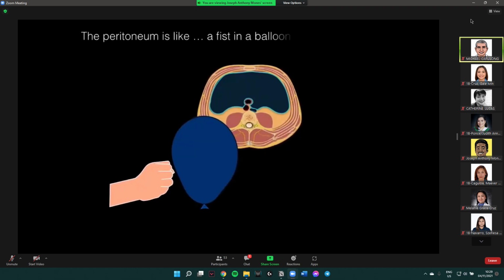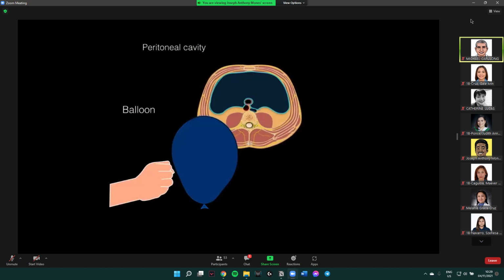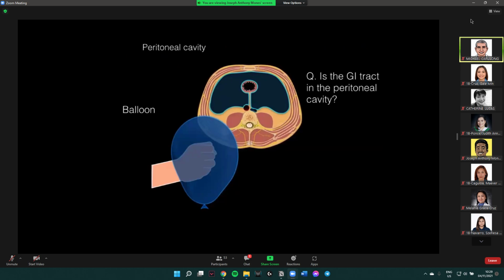Okay? So the peritoneum is like a fist in a balloon, where there's a balloon and there's the peritoneal cavity. There's a fist and there's the GI tract. And so if we then do this, notice the following. Is the GI tract in the peritoneal cavity?